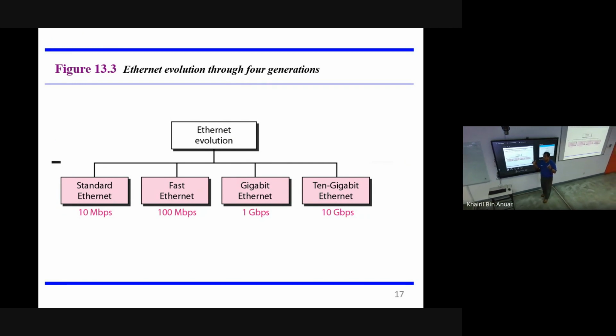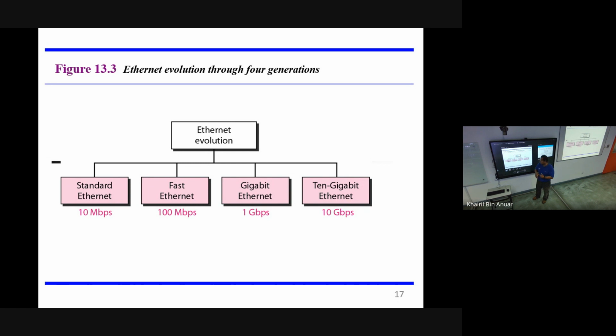So that is the standard Ethernet, but it only has a speed of 10 Mbps. We need something much faster, because people now request much faster data transfer.